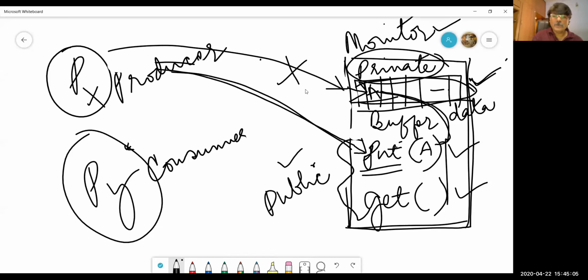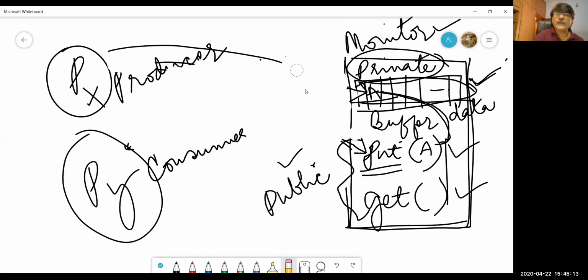Similarly, if the consumer wants to access data from the buffer, the consumer cannot access it directly, as I told you earlier. So how should it access it? First of all, the consumer need not know whether the buffer is a structure or linked list or whatever it might be. The consumer is only interested in accessing the information from the buffer.